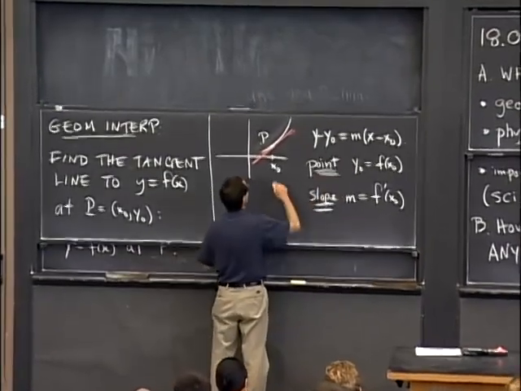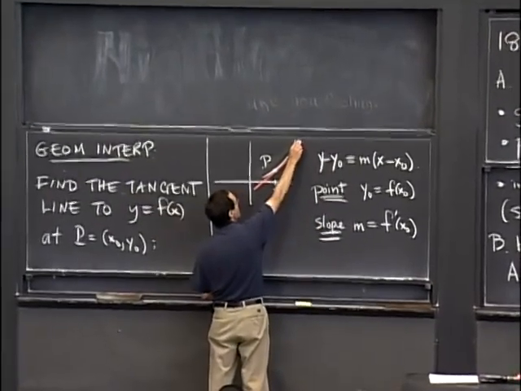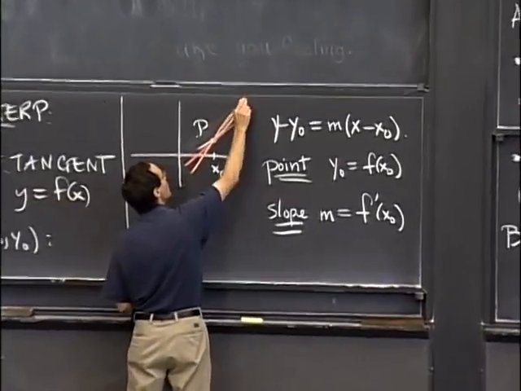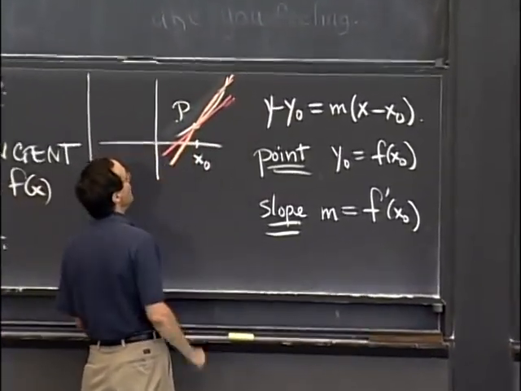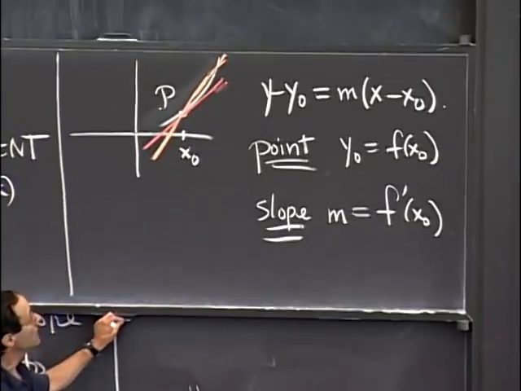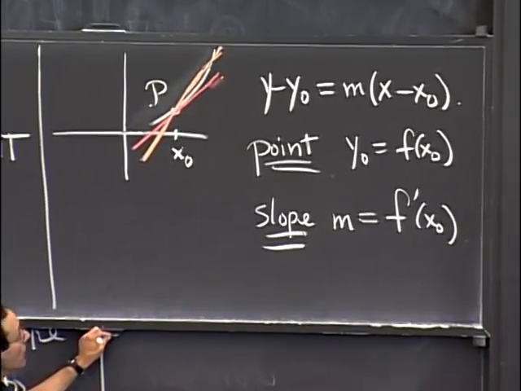So I know this equation. But another possibility might be this line here. How do I know? Well, unfortunately, I didn't draw it quite straight, but there it is. How do I know that this orange line is not a tangent line, but this other line is a tangent line?